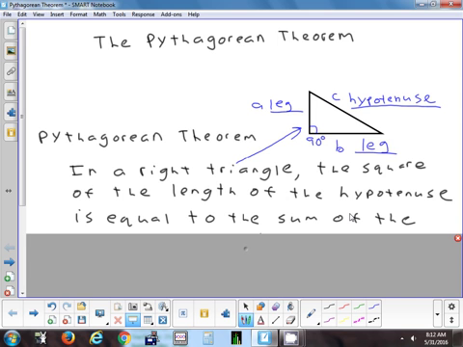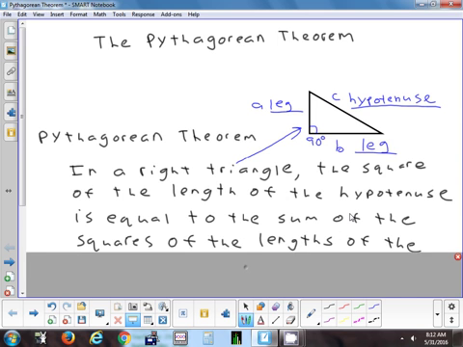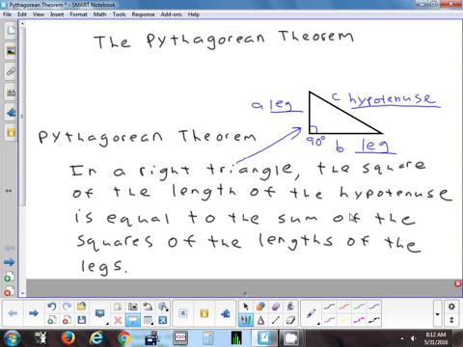It's equal to the sum of the squares of the lengths of the legs. All right, so that's a little confusing, but we're going to go through what that means. In a right triangle, if you take the hypotenuse and square it, and then you take each leg and square it, and you add those two squared legs together, it will equal the hypotenuse squared.